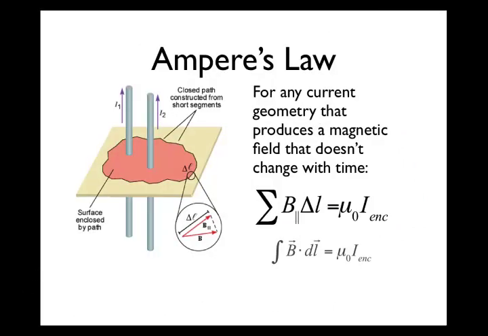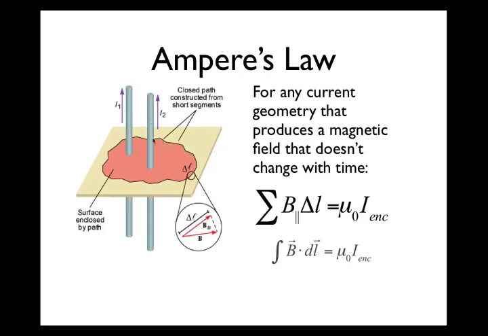So Ampere's law is a law which actually predicts the relationship between how strong that magnetic field is and how much current is traveling in a wire. And Ampere's law is always stated in general, but then applied in specific. And so here's how we do Ampere's law.